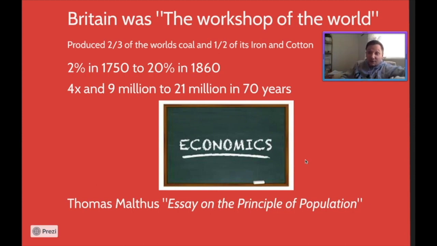So Thomas Malthus, also known as a Malthusian economist because he created the school of thought known as Malthusian economics, has an essay on the principle of population where he believed that because of industrialization, we were going to start having population growth so drastic that we would outpace our resources and starve ourselves to death, right?